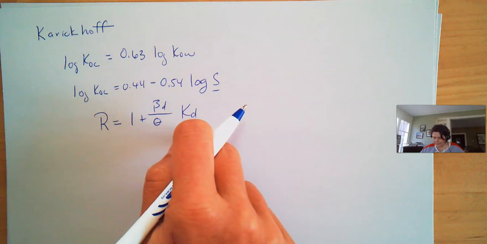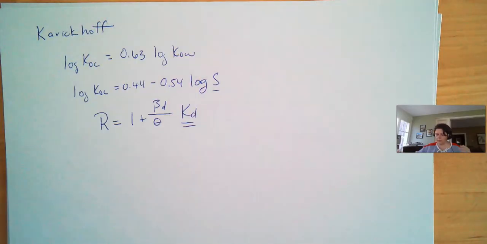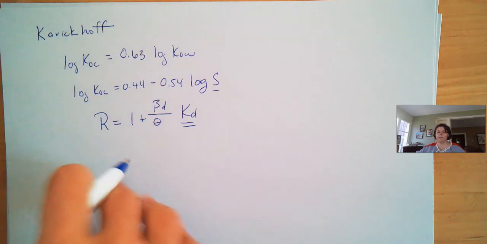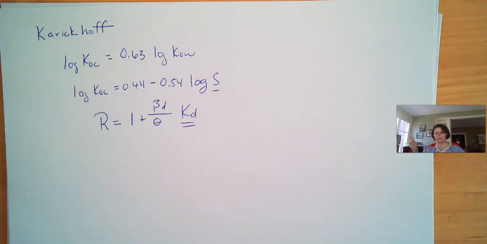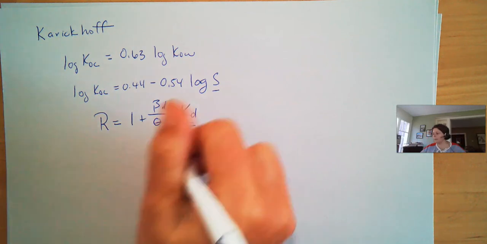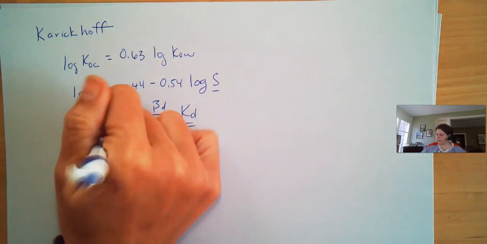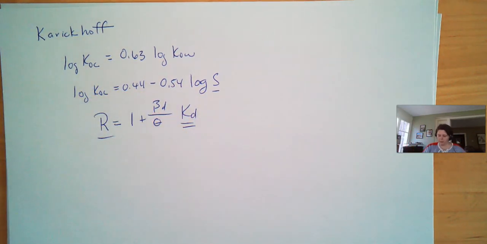In order to get KD, we needed the solubility and the FOC, and then we can go through all of these things to get that retardation factor, based not just on an experimental method, but on the amount of organic compound and the solubility of the system. Then we can get that KD value, which gives us our retardation factor, which can then go into our equations. So this is how we use our KOW and our KOC to do some things with retardation.